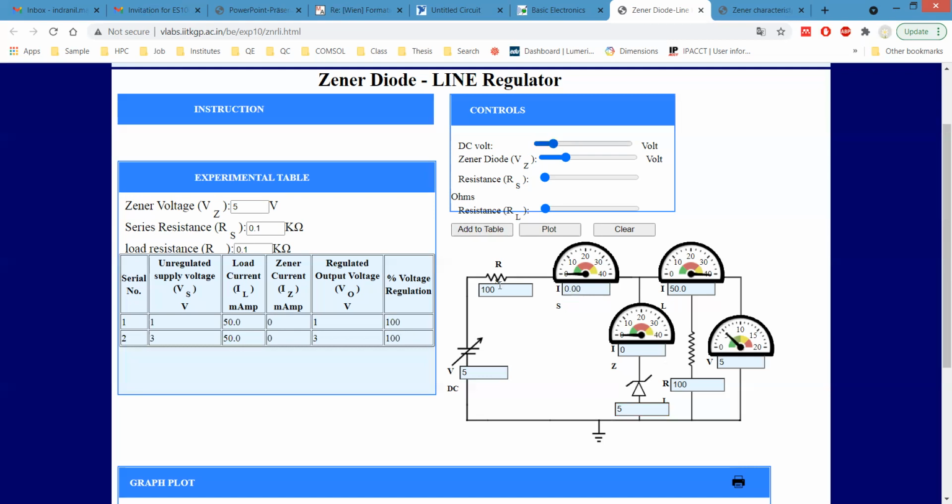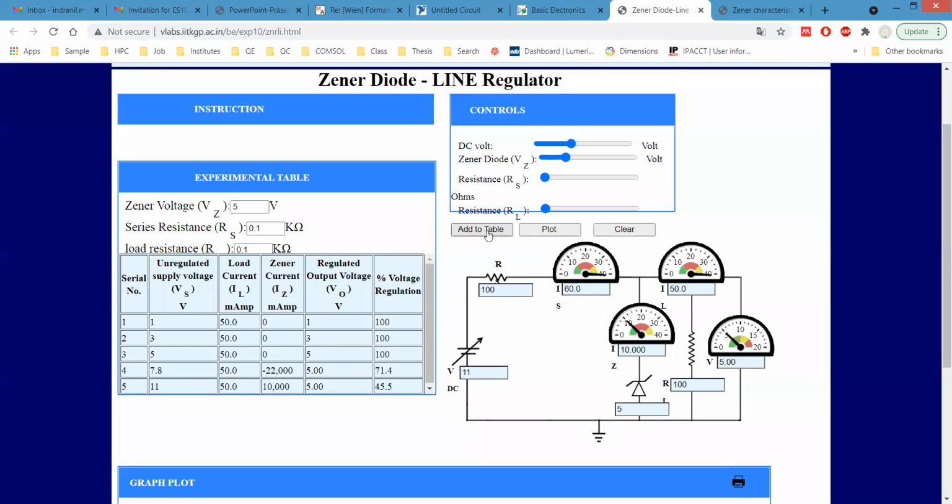As we are increasing the voltage, the value is changing. As you can see, once our input voltage has risen up to the Zener breakdown voltage, the regulated output voltage is always constant.